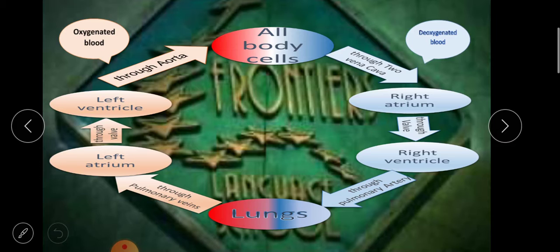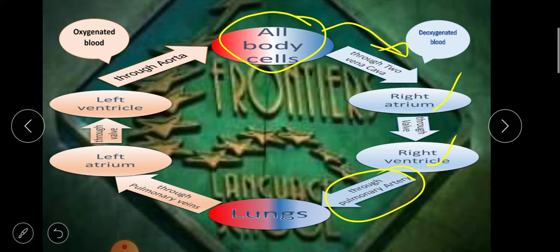Okay, so again, as you see here, all body cells will carry the carbon dioxide that will enter through the vena cava to the right atrium. Then through the valve, it will go to the right ventricle that will push the blood to the pulmonary artery, and the deoxygenated blood will come to the lungs.